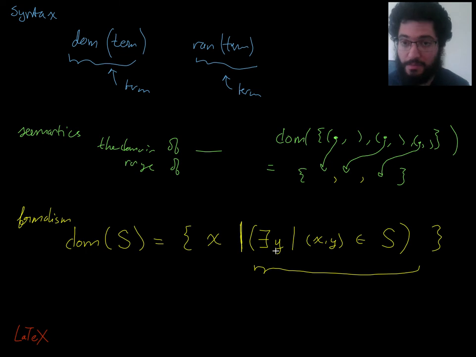So there exists something such that the pair x comma that something is in S. Maybe a smoother, nicer way to read it is that x is the first coordinate of some pair in S. So pairs always have their left-hand coordinate and their right-hand coordinate, first and second. So this portion I would read as x is the first coordinate of some pair that is in S. X has a possible second coordinate, so that if it were the first and that thing were the second, then it's in S. Then how do I read this whole thing? It's the set of things that are the first coordinate of some pair in S.